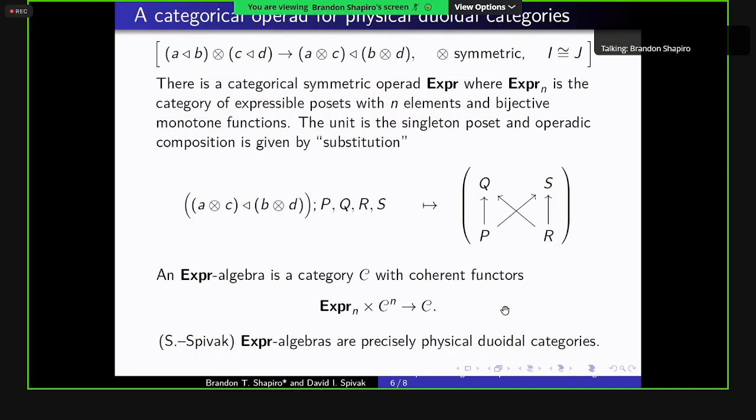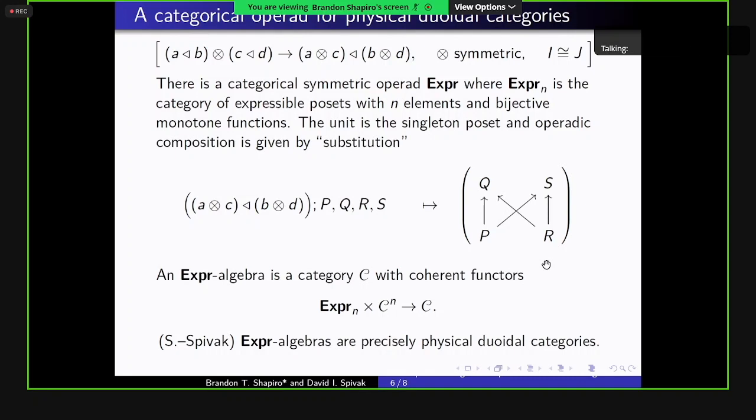But so for instance, strict algebras for this operad, I believe, will correspond to physical duoidal categories where both of the monoidal structures are strict. But we've made some minor edits to that, so I will avoid getting into the very specifics of that.